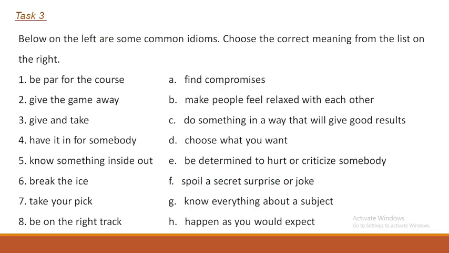On the third task, below on the left are some common idioms. Choose the correct meaning from the list on the right. So you have to read all the idioms and then find the meaning of those idioms. For example, if you look at "be barking up the wrong tree", what should be the meaning of the idiom? Look at all the meanings of the idioms, then write, for example, one, A or C or D, then write two, and so on. Like that, you have to write down the exact meaning of the idioms after numbering them.